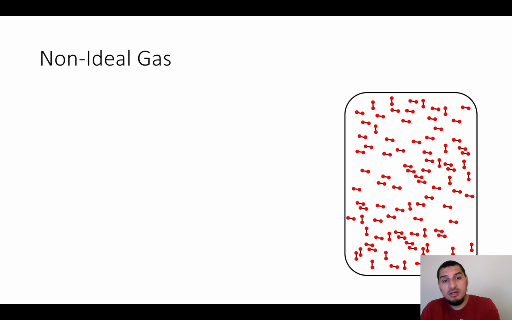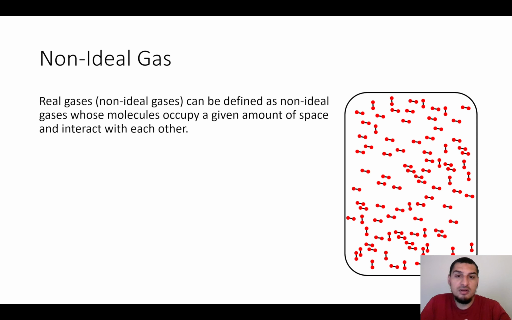The other type of gases is what we call the non-ideal gases, or sometimes called real gases. The non-ideal gases are gases that are not ideal, which means that there is a very big chance of the molecules colliding. The intermolecular spaces are very small, so that's why we call it a non-ideal gas.